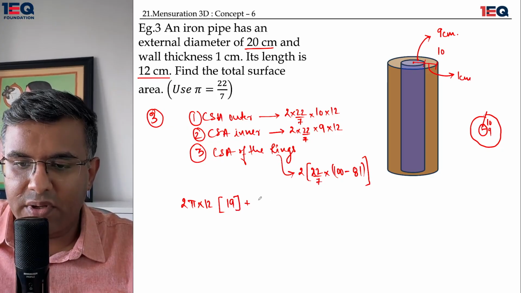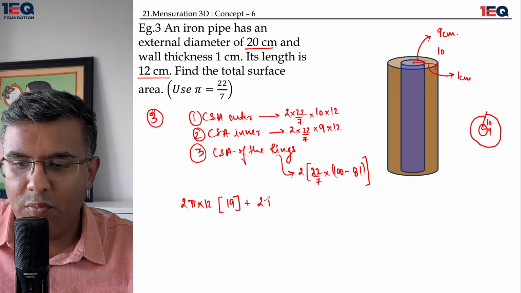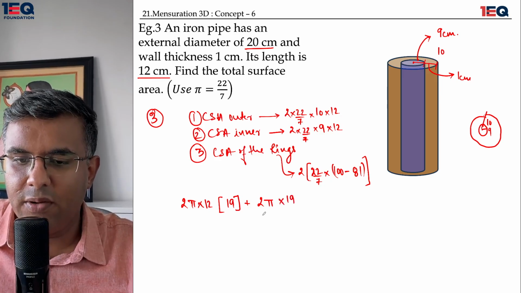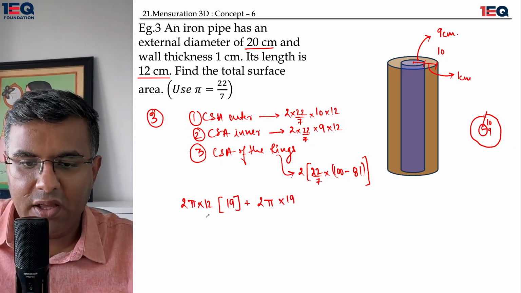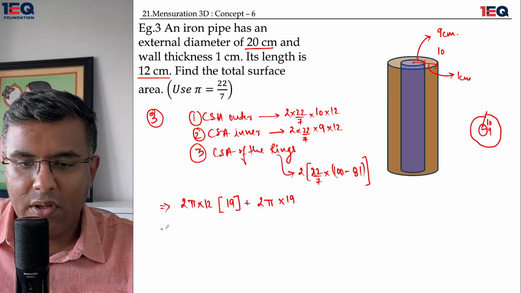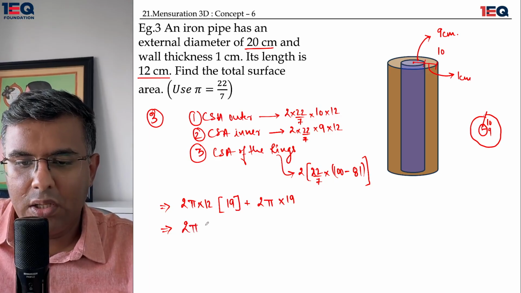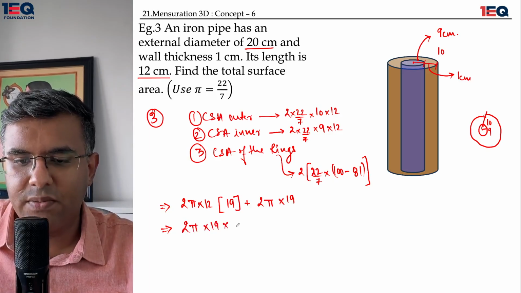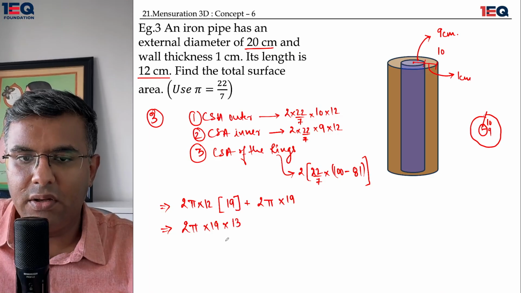Now talking about the rings, we again have 2 pi being multiplied by 19. Let me add everything together. I get 2 pi multiplied by 19 multiplied by 12 plus 1. That would give me 13.